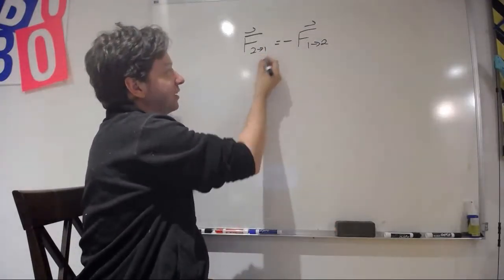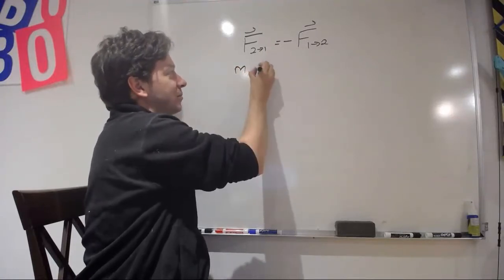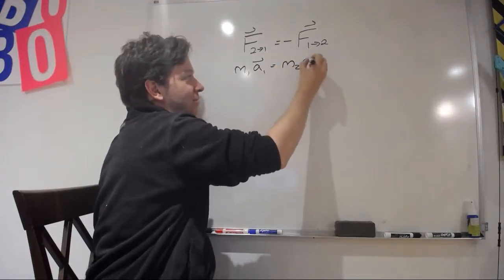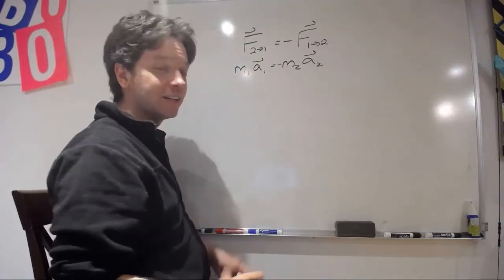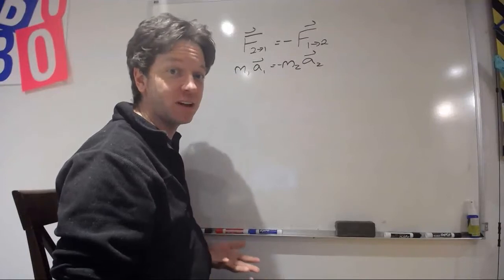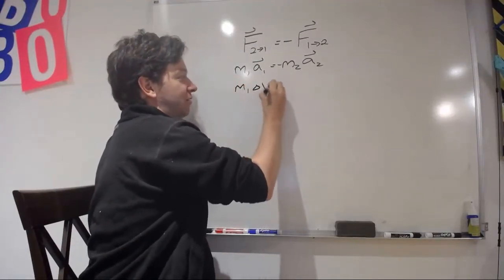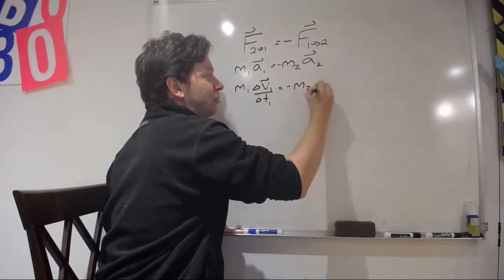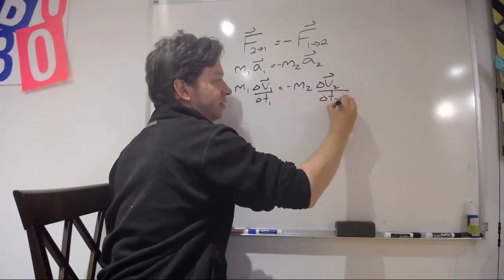The force that 2 exerts on 1 is going to be the mass of the first one times the acceleration of the first one, which equals negative the mass of the second one times the acceleration of the second one. Now we'll do what we did yesterday, and change acceleration to be a change in velocity over time. So let's write m1 times delta v1 over delta t1 equals minus m2 delta v2 over delta t2.